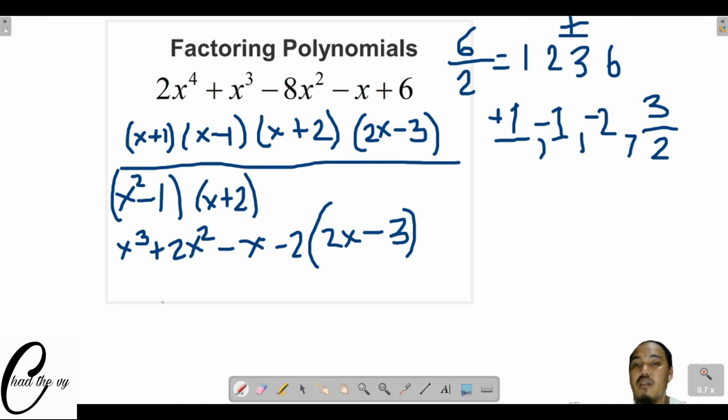So x raised to 3 times 2x is 2x raised to 4. X raised to 3 times negative 3 is negative 3x raised to 3.